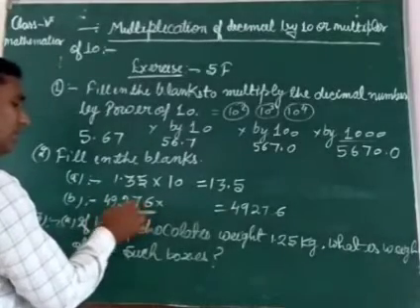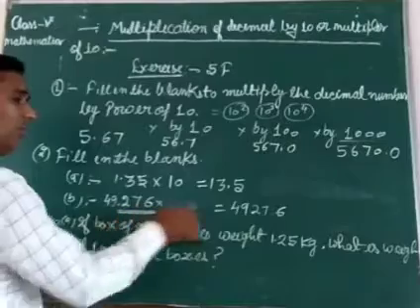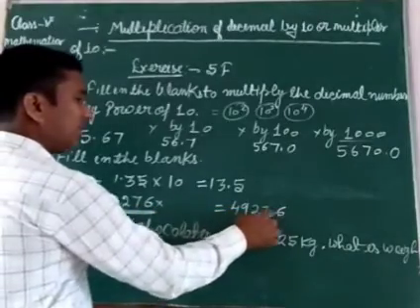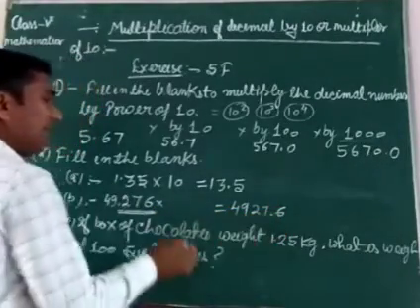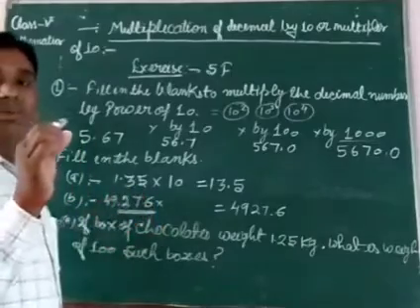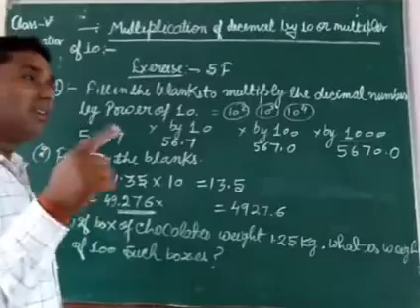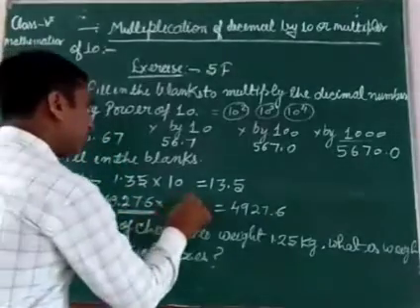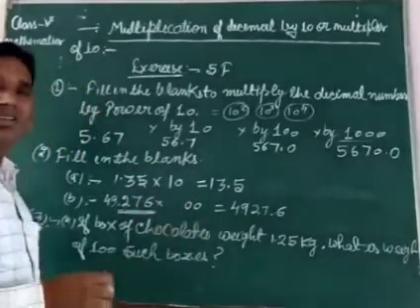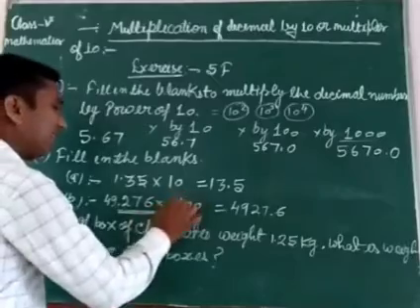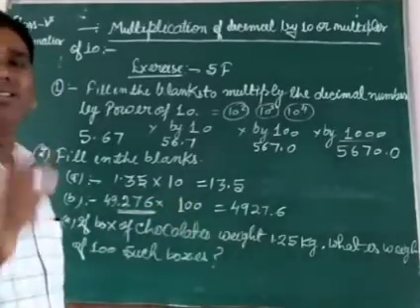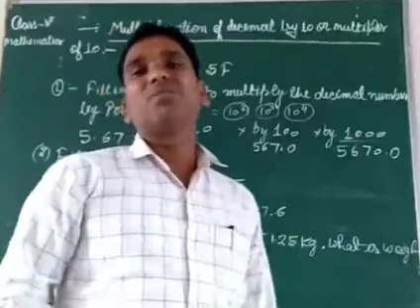Then how many places? 2 places. It means 2 places, by what number was it multiplied? That contains 2 zeros. It means it is 100. Like this you can guess in all the fill in the blanks parts.